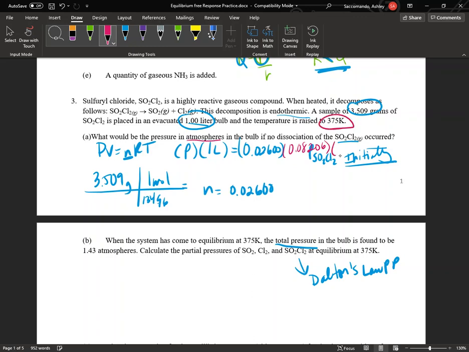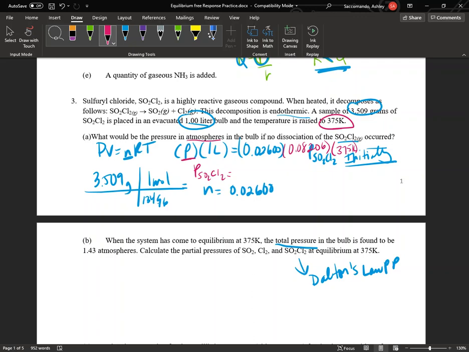And then we know the temperature is 375 K. This is going to end up giving me the partial pressure of our sulfuryl chloride, which I need as the initial amount in order to do the next part of the problem.